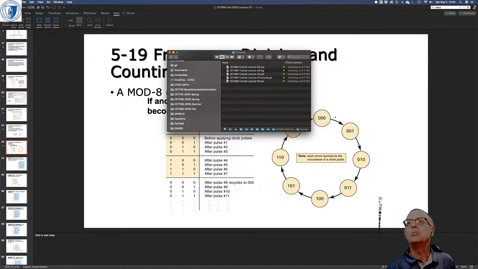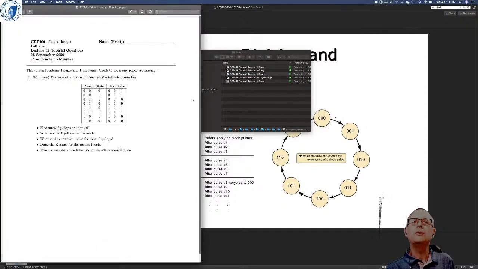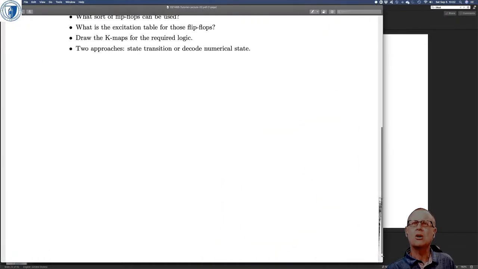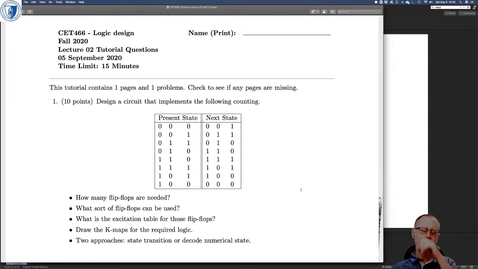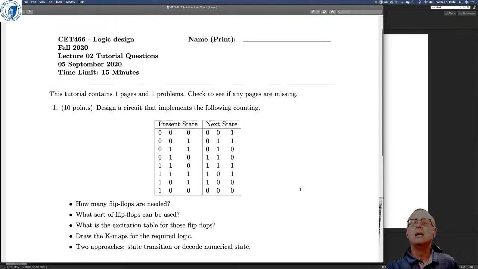I'm going to introduce this problem, and I'm actually going to hop around in the slides. I wanted to talk about something else before I talked about generating clocks.